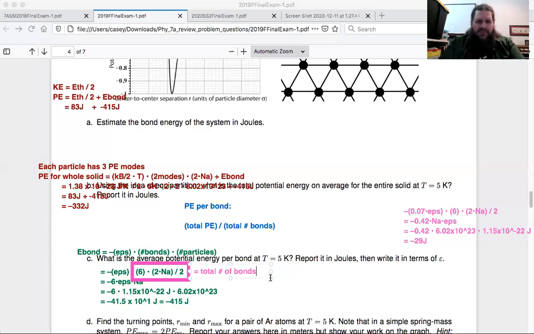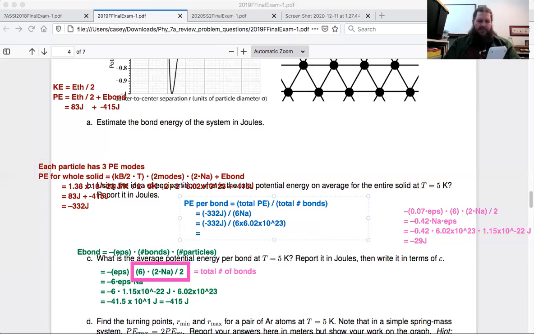So if we just fill that in for total number of bonds, we can take the total potential energy divided by that total number of bonds, and that'll tell us the potential energy per bond. So total potential energy, negative 332 joules, divided by total number of bonds. The 2's cancel out, so we should just get 6 Avogadro's number. So negative 332 joules divided by 6 times 6.02 times 10 to the 23rd.